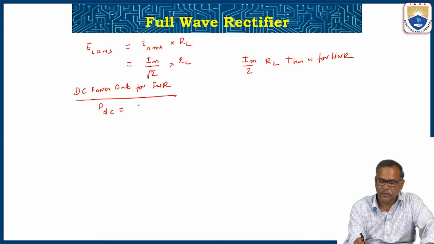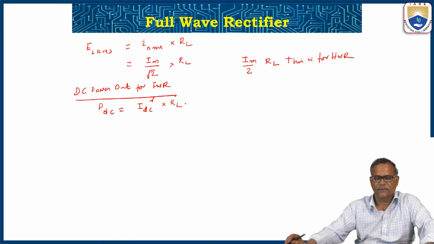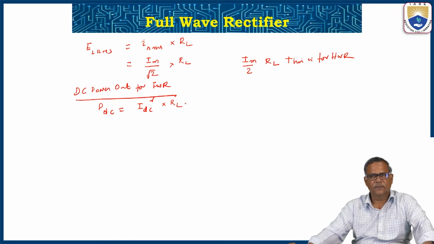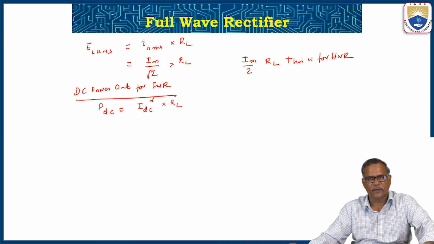is equal to IDC square multiplied by the load resistance. So this is the DC power output for the full wave rectifier. And what is the value of the DC current? The DC current we have already calculated.